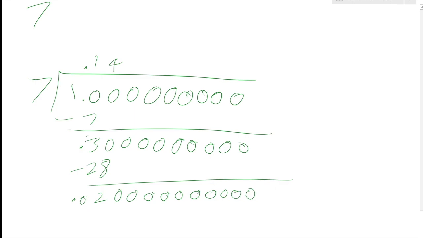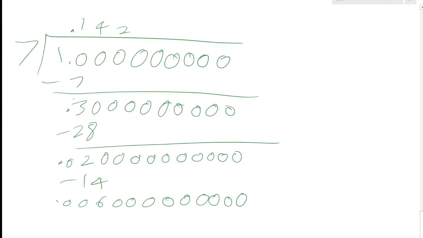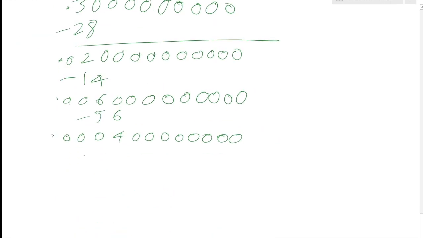So 20, it's 2 times. 60, it's 8 times. 40 is 5 times. 50 is 7 times.